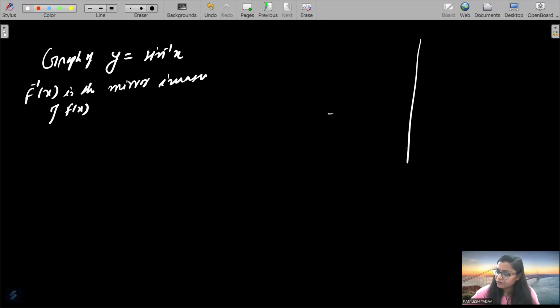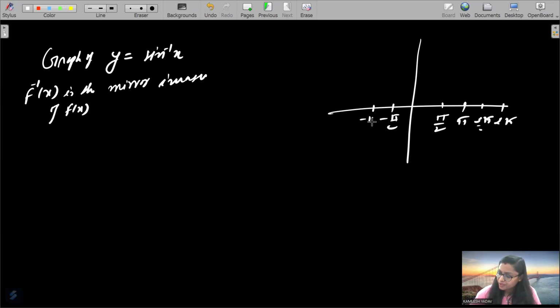We know the graph of sin x is drawn like that, with points pi/2, pi, 3pi/2, 2pi, and -pi/2, -pi, -3pi/2, -2pi. This is the graph of sin x. Now we draw the graph of y = sin inverse x.